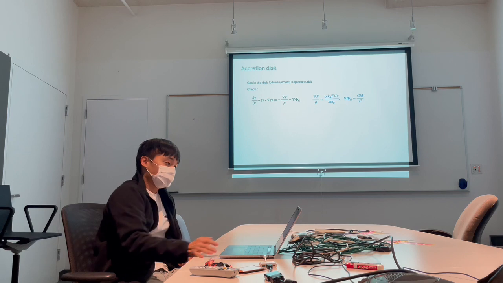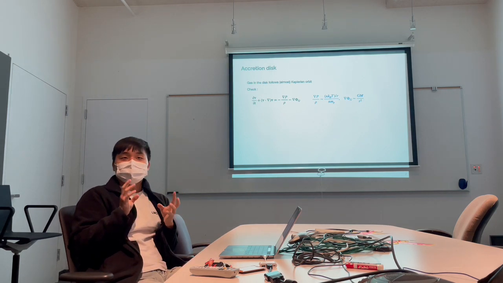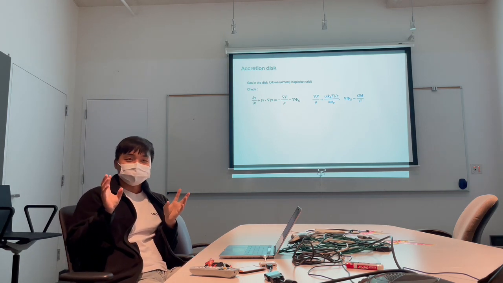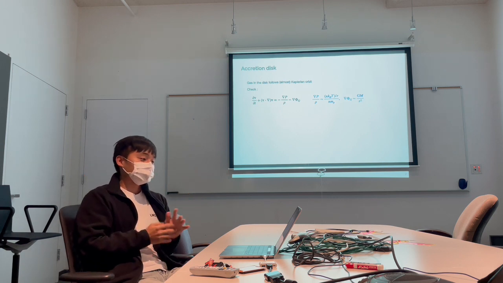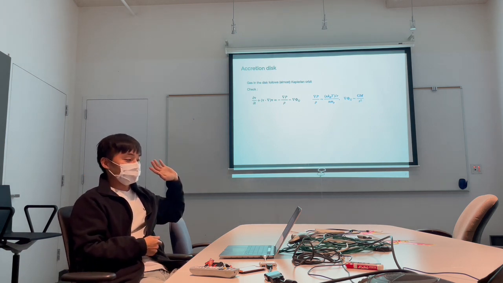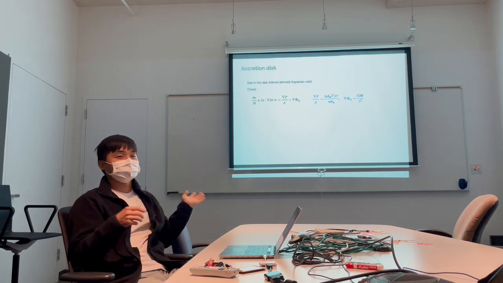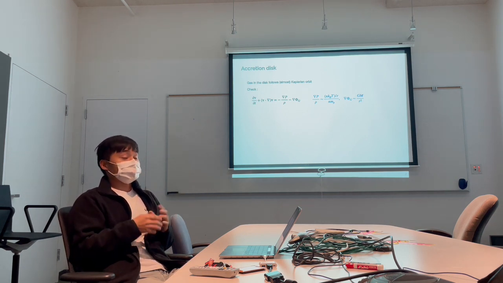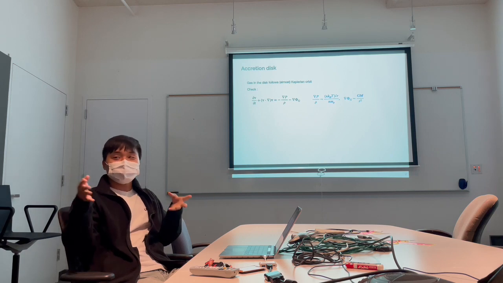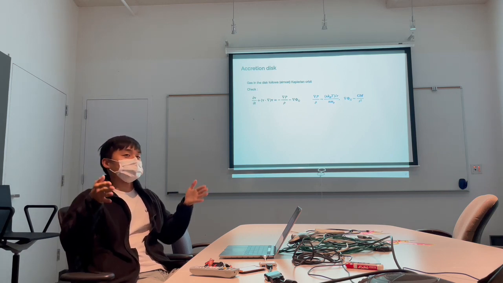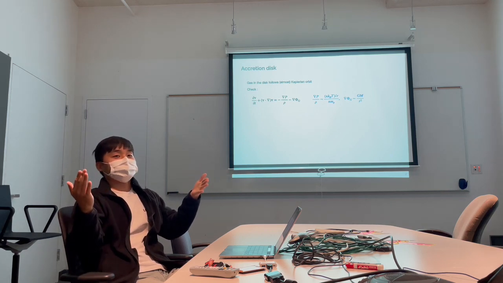If we try to estimate the relative scale of the two forces, first we start with pressure: P equals number density times Boltzmann constant times temperature. I'll roughly say the scale of the pressure variation is about the radius of the accretion disk.